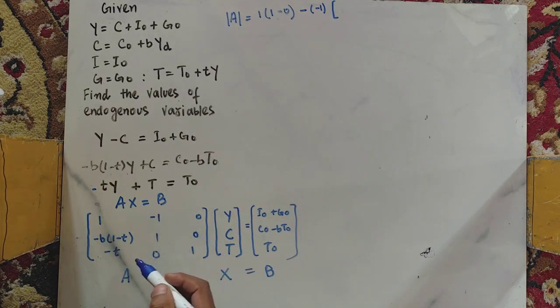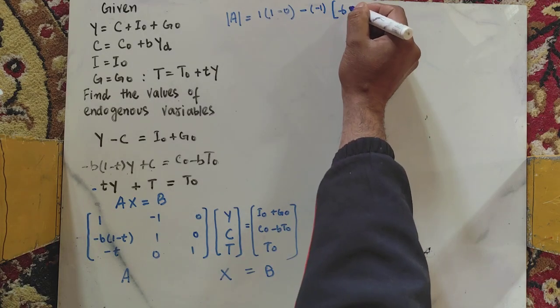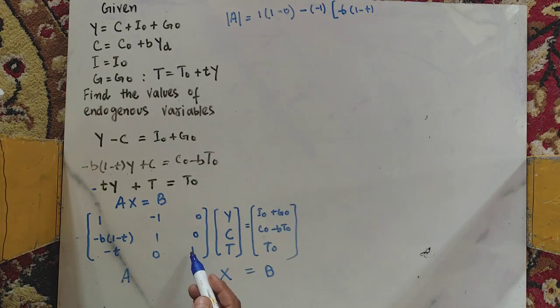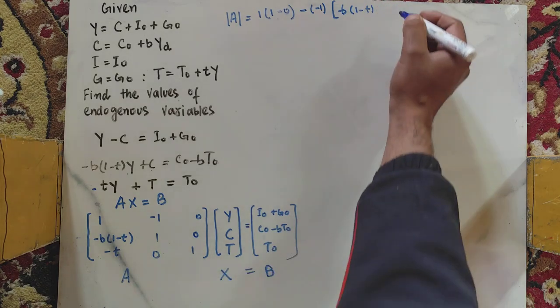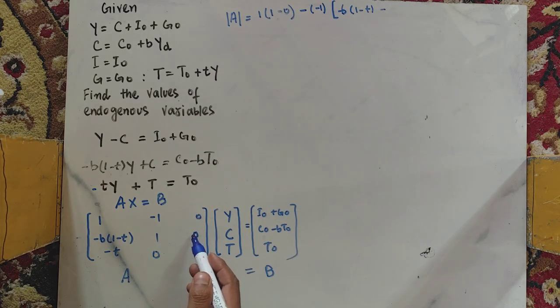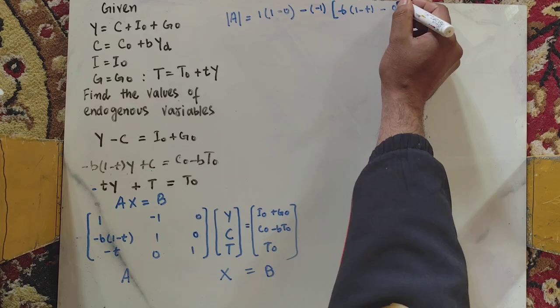The remaining elements are minus b, 1 minus t, and we subtract the product of these two, so minus t into 0, which is 0.